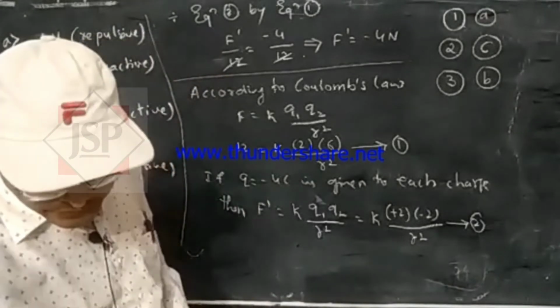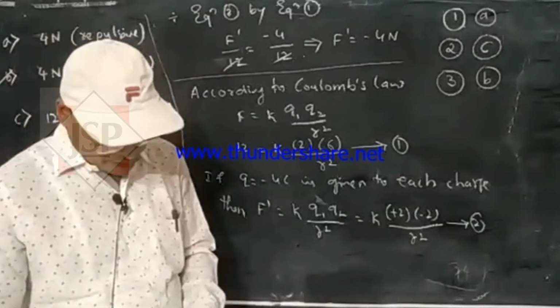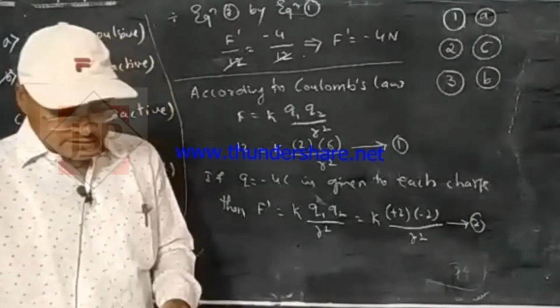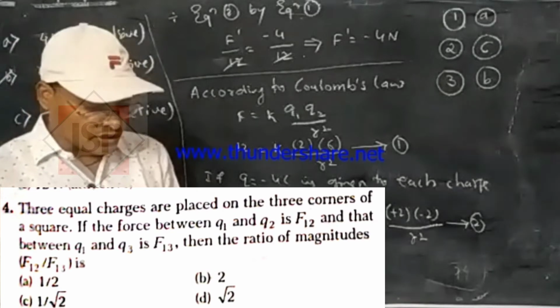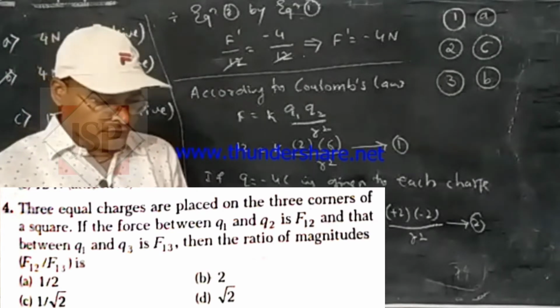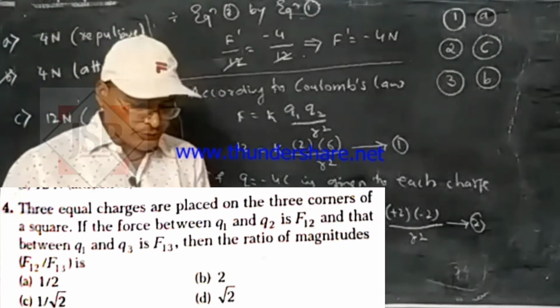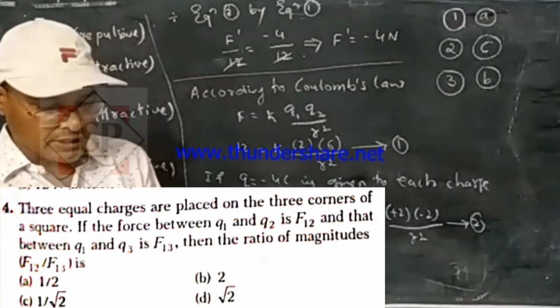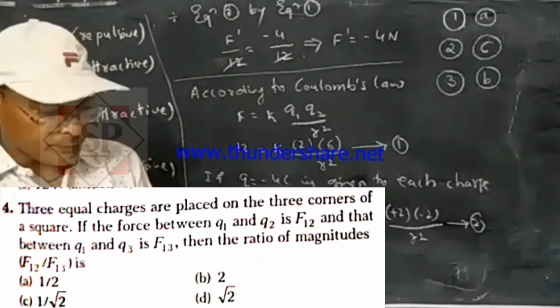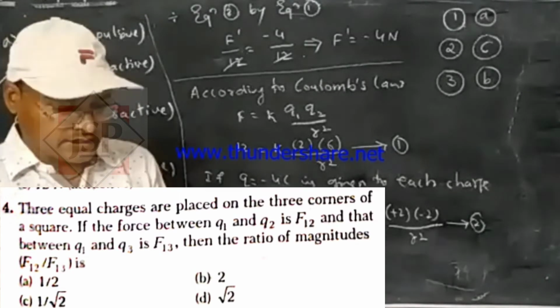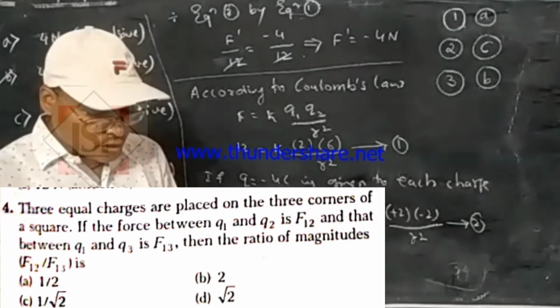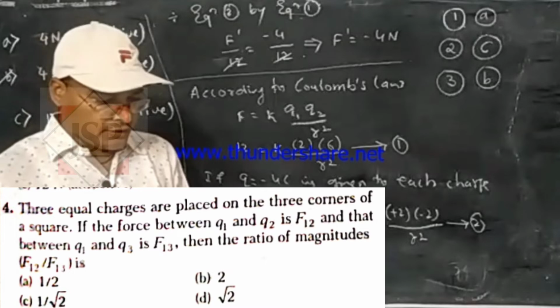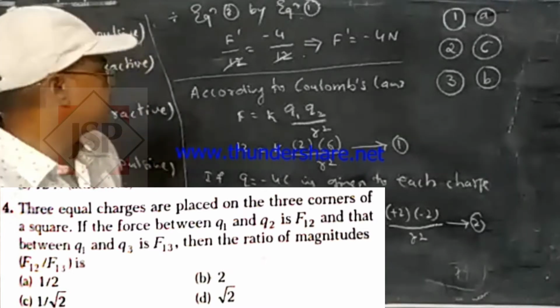Next question: 3 equal charges are placed on the 3 corners of a square. If the force between Q1 and Q2 is F12 and that between Q1 and Q3 is F13, find the ratio of the magnitudes F12 divided by F13.